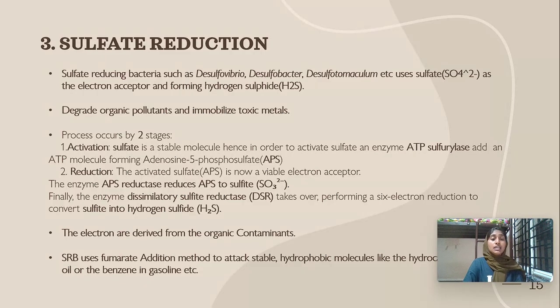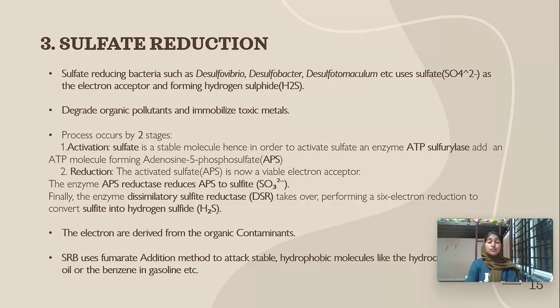The activated adenosine 5'-phosphosulfate, APS, is further acted on by APS reductase to convert APS to sulfite. This sulfite is then converted into hydrogen sulfide by a series of 6-electron reductions.